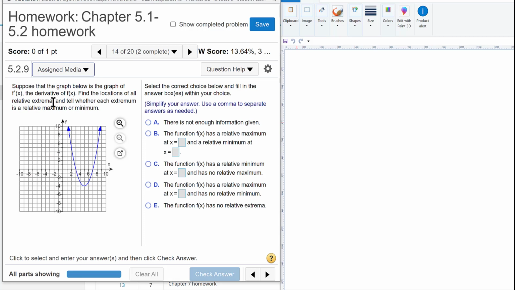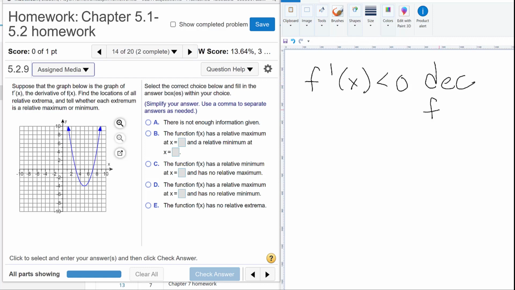Suppose the graph below is the graph of f prime of x. Now don't be confused. This is the derivative of f of x. Find the locations of all relative extrema and tell whether each extrema is a relative maximum or minimum. Now remember that the derivative is telling you how the function is changing. If f prime of x is less than 0, the function is decreasing or falling.